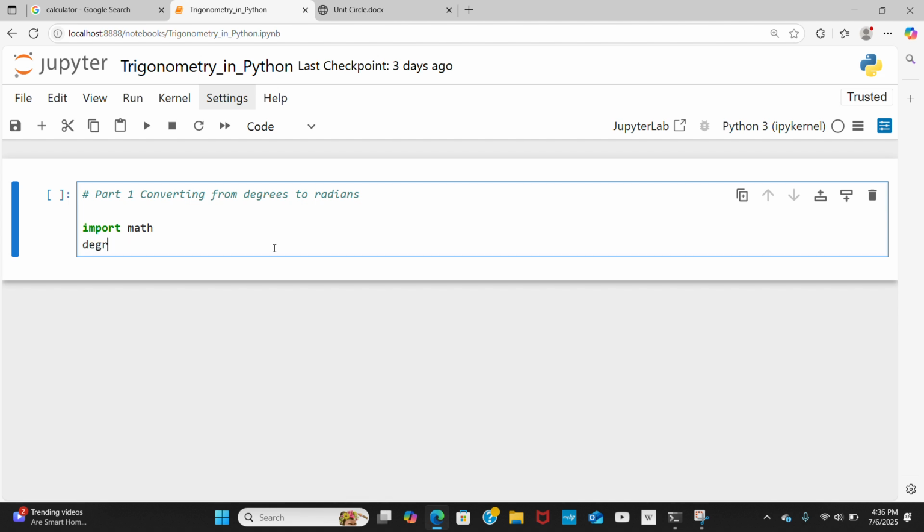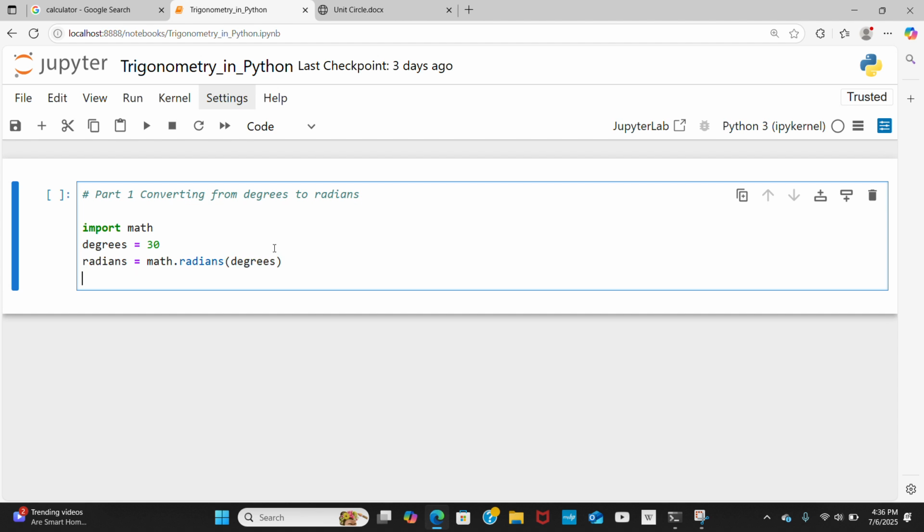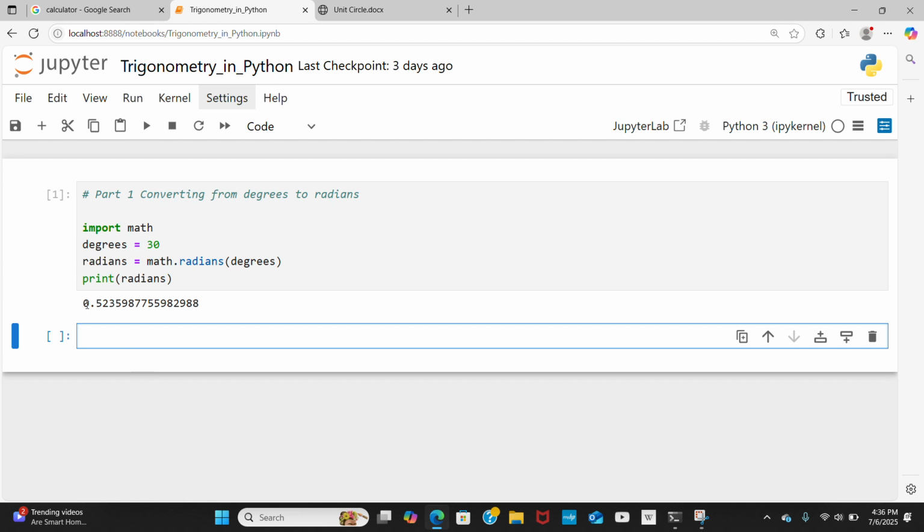So the next thing I'm going to do is choose the number of degrees. I'm going to choose it to be 30. I'm going to set my radians equal to math.radians in parentheses degrees. And I'm going to print radians. And what I get is 0.5 and so on radians.